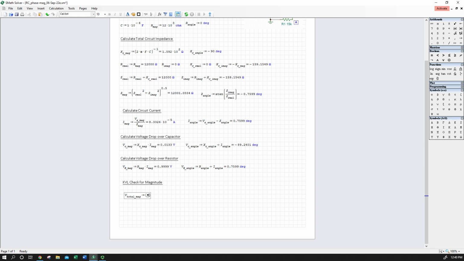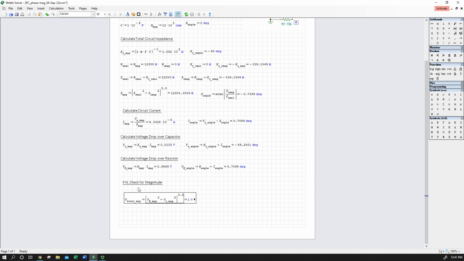So the Pythagorean theorem says I take the square root of the sum of the squares. Ooh, not the quotient. So I want VR mag squared plus VC mag squared, raise the whole thing to the 1/2, which is the same as taking the square root in this case.